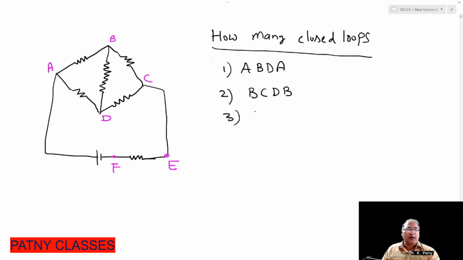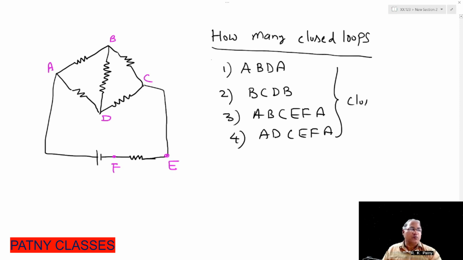The third one is A, B, C, E, F, A, and one more possibility is A, D, C, E, F, A. So these are all the closed loops in this given network.